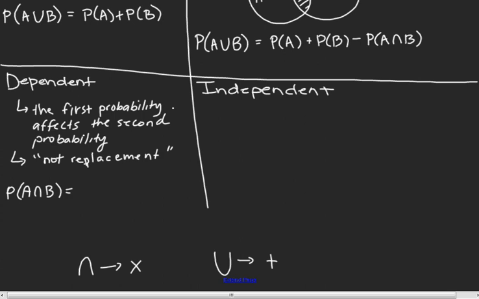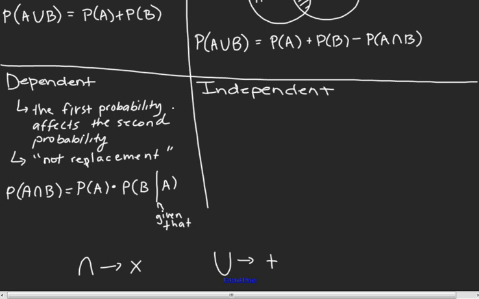Okay, so it's going to be a multiplication. So we want to multiply A with B, but what's special about B? How do we write this one if it's dependent? Yeah, given that A has occurred.